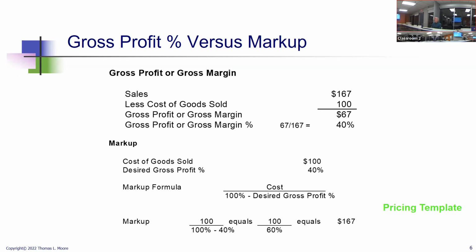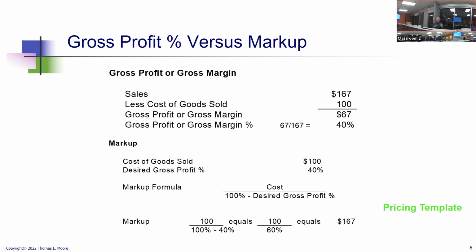You can see here for sales that we're using the number $167. That might be one product, or an assembly of products that add up for the period to equal $167. Then you've got less your cost of goods sold.